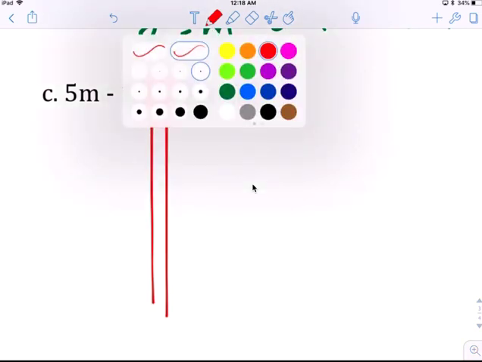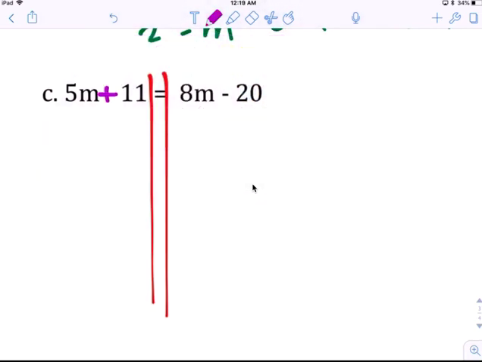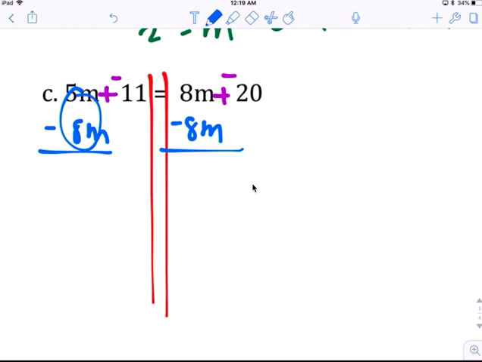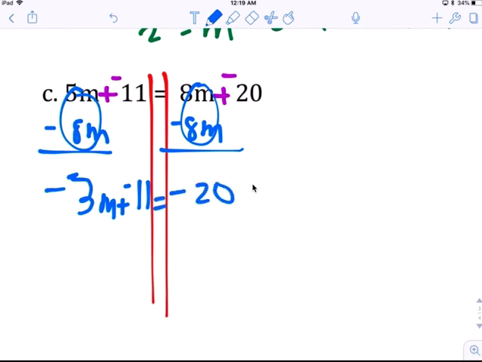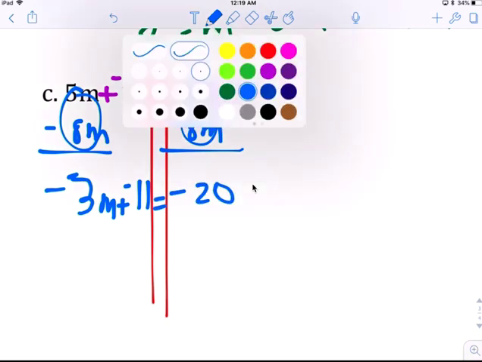Okay, if there's only one plus on each side, we can make zeros now. Minus 8m gives you negative 3m plus negative 11. That's 0. 0 plus negative 20 is negative 20. Okay?